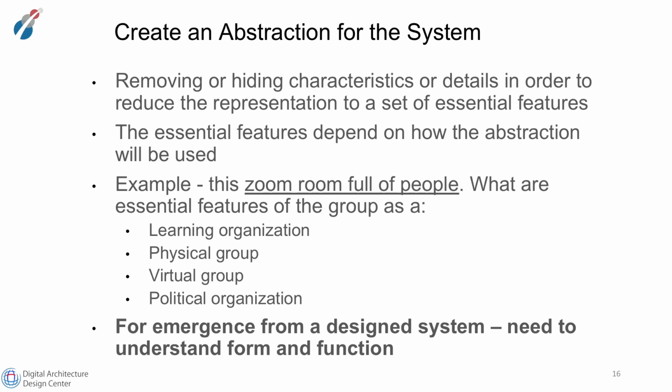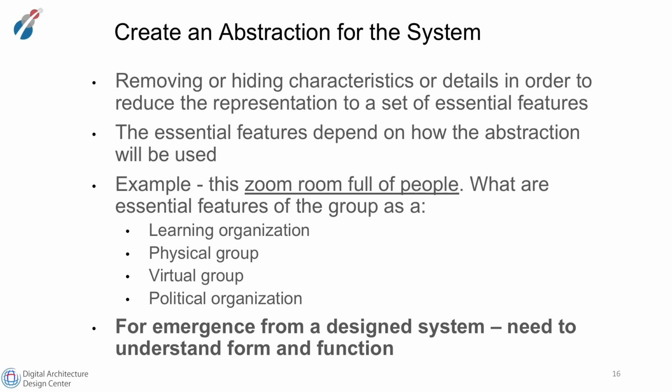And so what we do in engineering systems and systems engineering, systems analysis, is we often don't work immediately with the actual physical system, but we create abstractions of the system. We remove or hide characteristics or details of the system that are not essential features to understand the system.